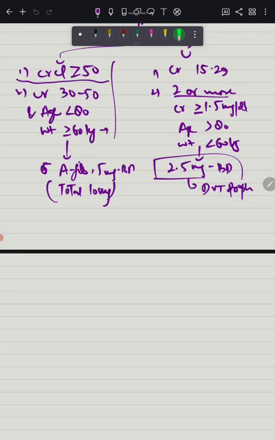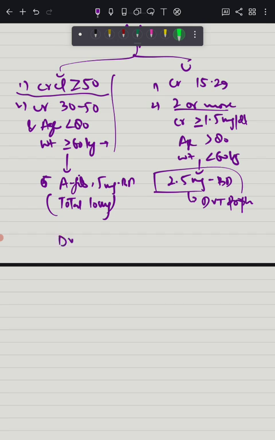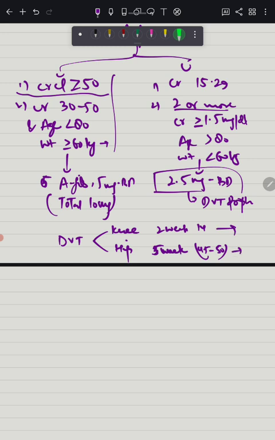Likewise, when we give DVT prophylaxis in knee and hip replacement surgery, we give prophylaxis for 2 weeks, that is 14 days, and 5 weeks here, around 45 to 50 days, and the dose in both cases will be 2.5 mg BD. This is the normal prophylactic dose here.